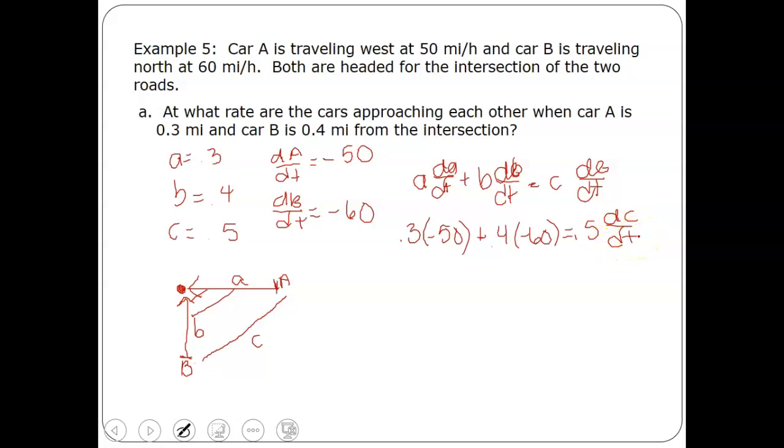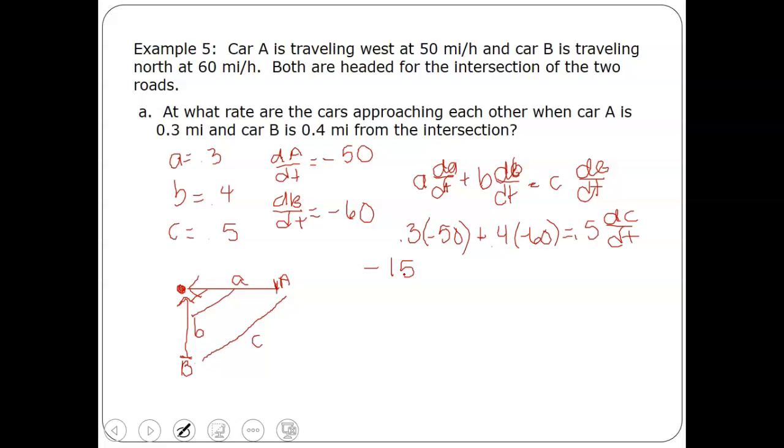Okay, so 3 times 5 is 15, exactly, so 0.3 times negative 50 is negative 1.5. Calculator?